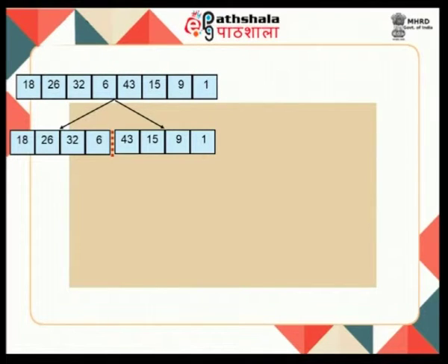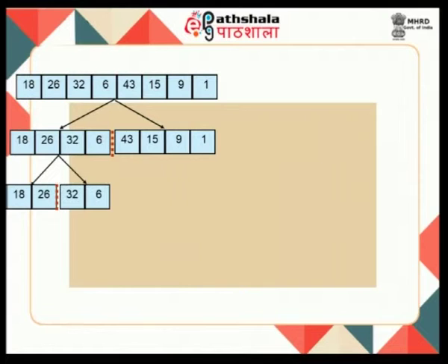You can see the sub-problems are similar to the original problem, the only difference is that the size of the sub-problems is smaller. Again this problem can be divided. I divide this into two sub-arrays, and in the next stage again this can be divided into two sub-arrays, and every array has one element, that is 18 and 26.